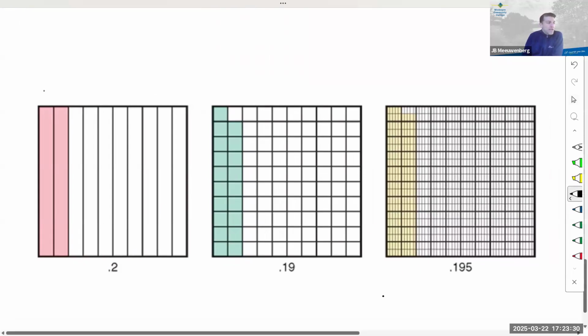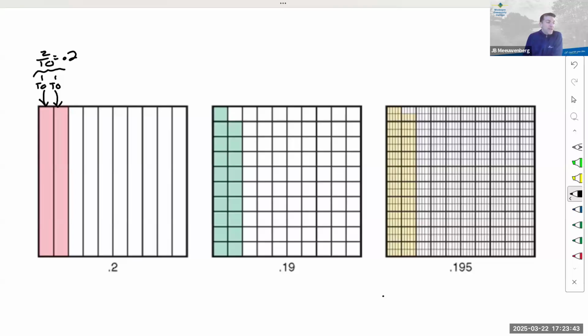0.2, and it's represented by these 2 tenths bars here. We have a tenth and we have a tenth. So this together is representative of 2 tenths, either as a fraction or as a decimal, as you can see down here. What would that be as a percentage?